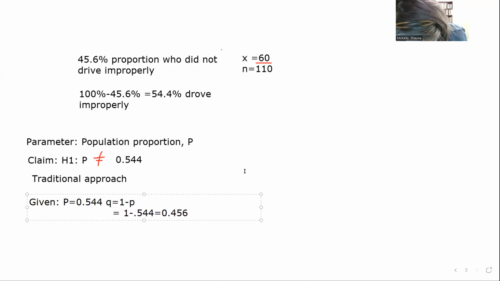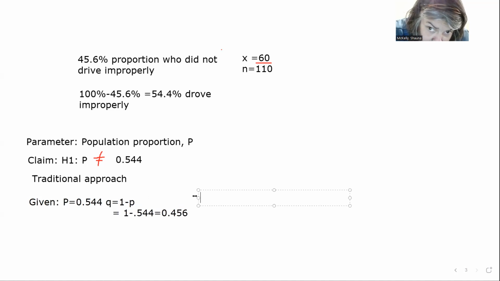Now your sample data here, these are the people who did not drive properly, okay? X here is 60 out of 110.